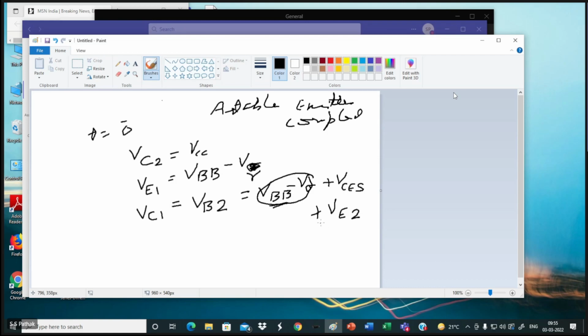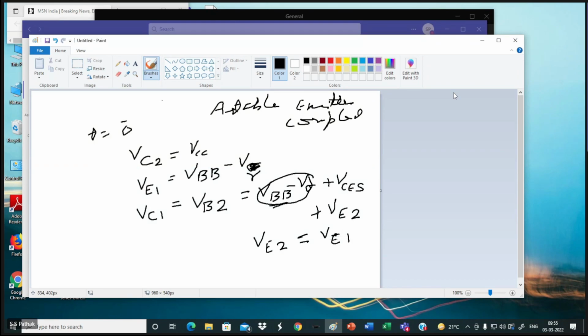VE2 will be equal to VE1, because the capacitor is fully charged.